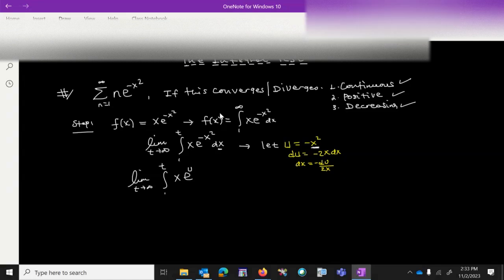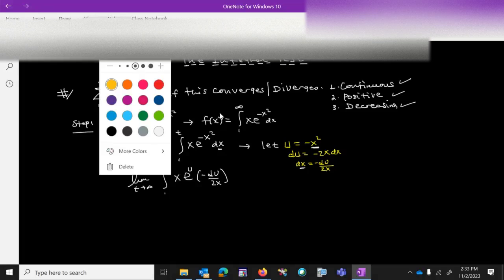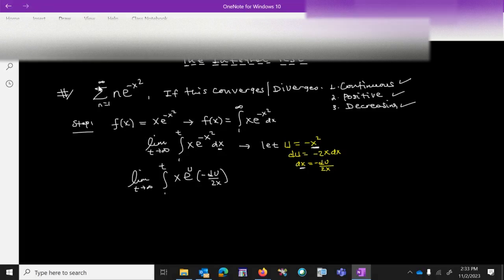And instead of dx, I substitute negative du over 2x. Now it is time to observe. When you observe this, you see there is an x here and an x in the numerator. I can just cancel that.